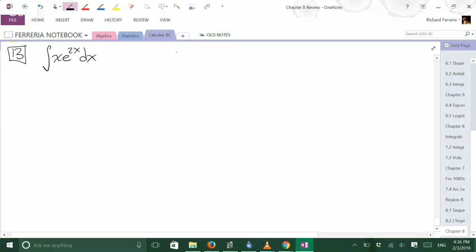Okay, so this is a tabular method, u dv. We have an x and an e to the 2x. The derivative of x is 1. The antiderivative is 1/2 e to the 2x. I should mention again, one of the common mistakes is to take derivatives of both sides here, and that's fatal.